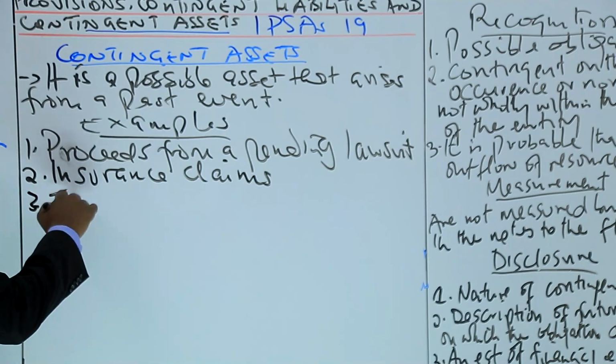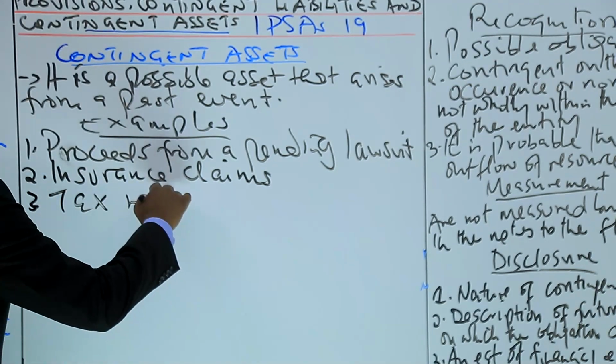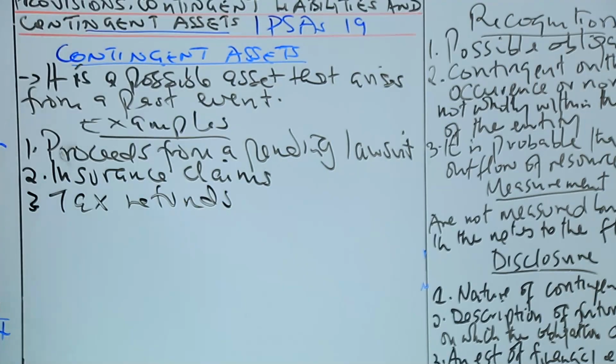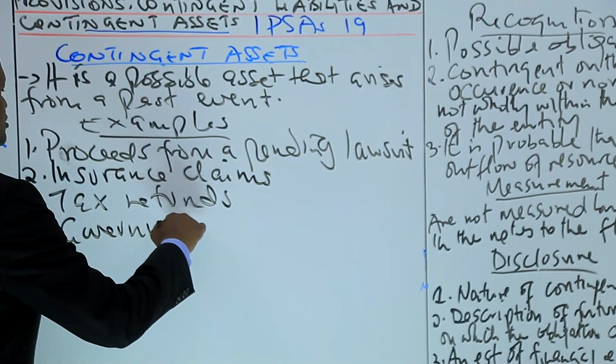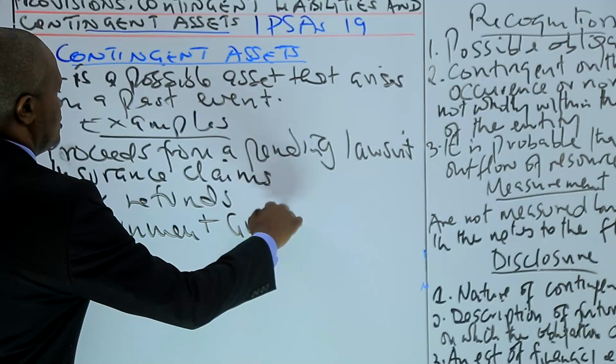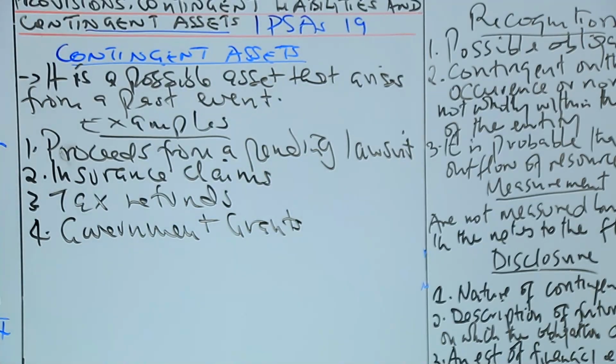Number 3, tax refunds. Tax refunds is an example of a contingent asset. Government grants. Government grants can go on and on. There are several other types of contingent assets.